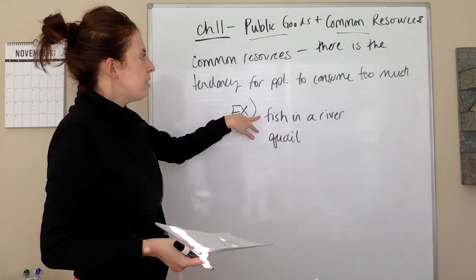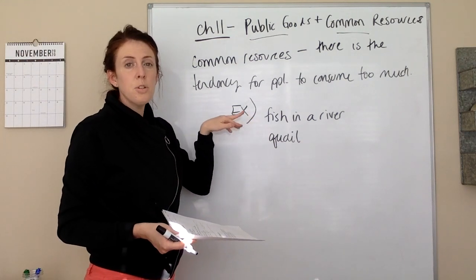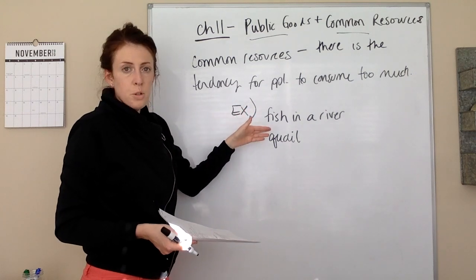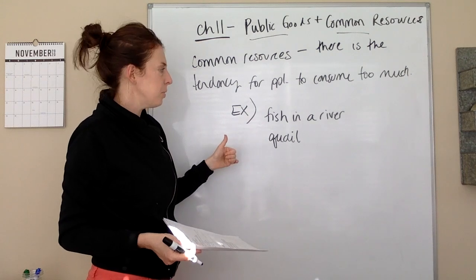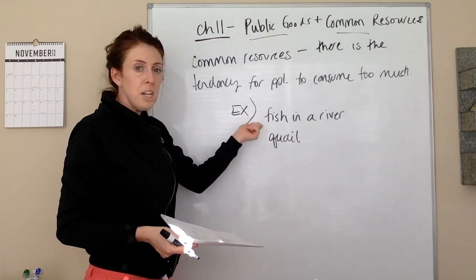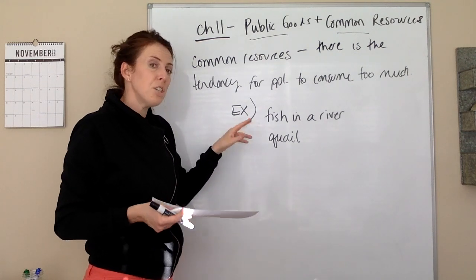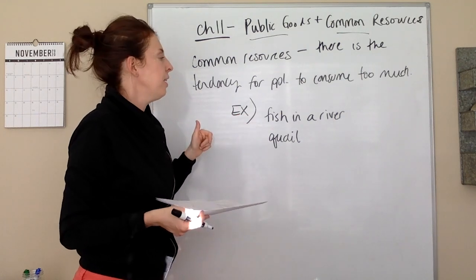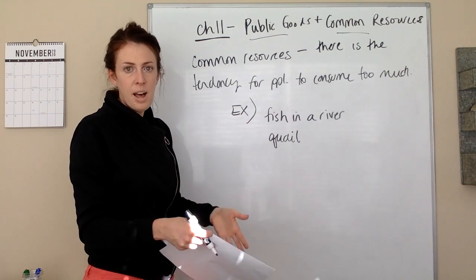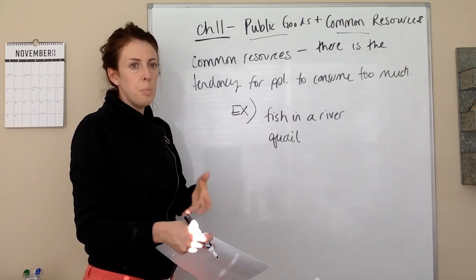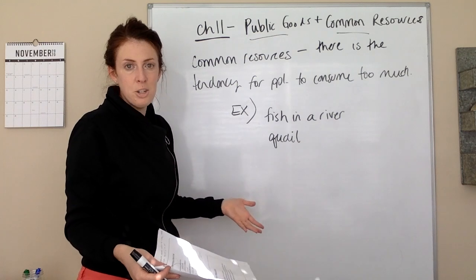Okay, for goods that are common resources, there's this tendency for people to over-consume them. So what that means is naturally there's a tendency for people to kind of fish too much and shoot too many birds relative to what is optimal. So what is optimal? The idea is that in order to have any fish in the river, you need a sufficient supply in the river so that the fish can breed and keep the supply of fish coming.